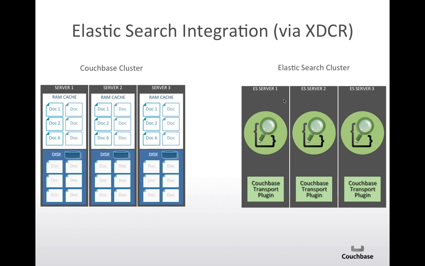Any mutation happening on a document will be sent over from the Couchbase cluster to the Elasticsearch cluster, where the documents will get indexed and be utilized for the full text search. You can find more information in the white paper on Elasticsearch on our website.